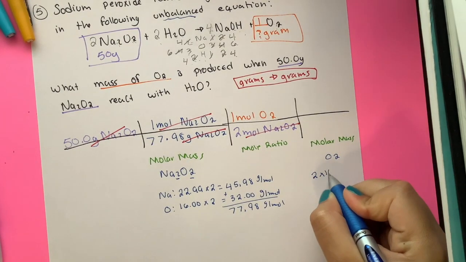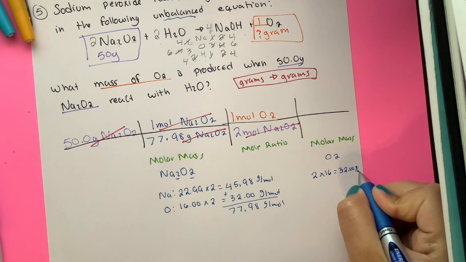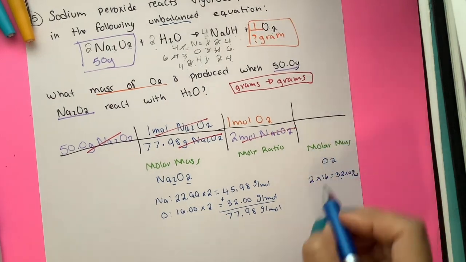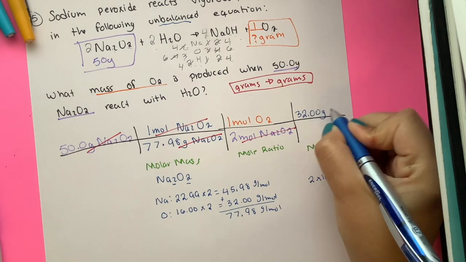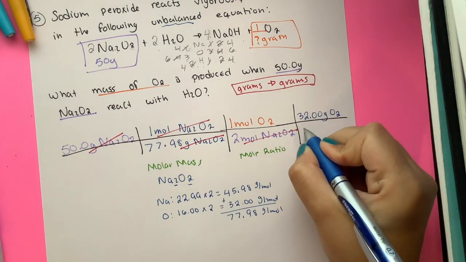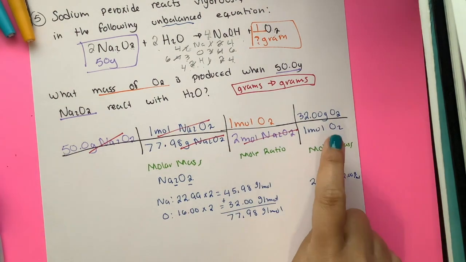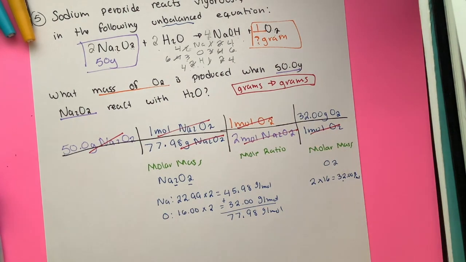Each oxygen has a mass of 16. That is 32.00 grams per mole. Now in that case, I'm going to write this number in the top. 32.00 grams of oxygen for every 1 mole of oxygen. I write it in the bottom, the moles, so the moles and moles cancel out.